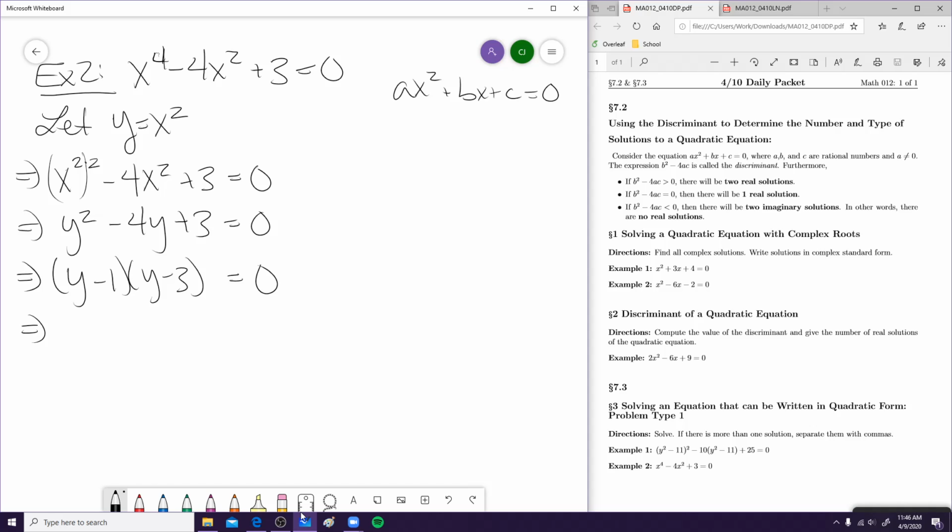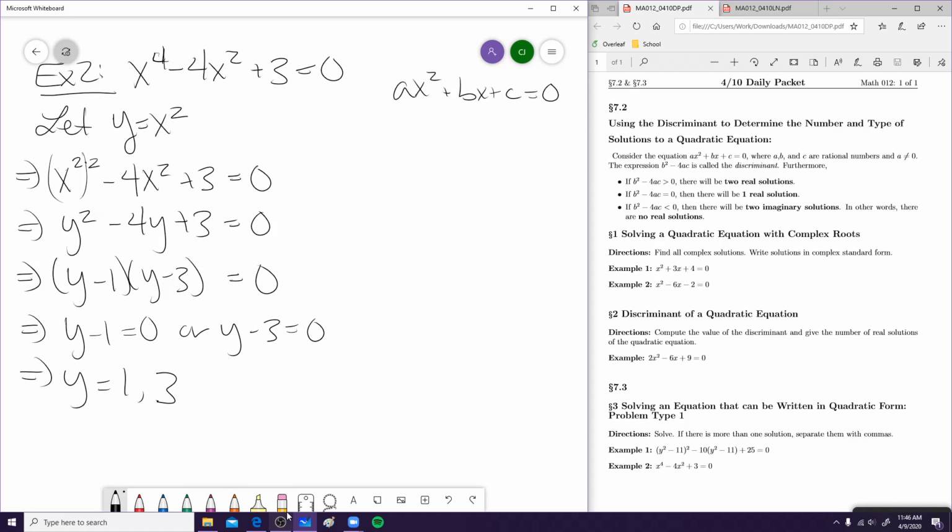Now I'm going to use the zero product property. So what does it say? It says that y minus 1 is equal to 0, or y minus 3 is equal to 0. So then we get y is equal to 1 or 3.